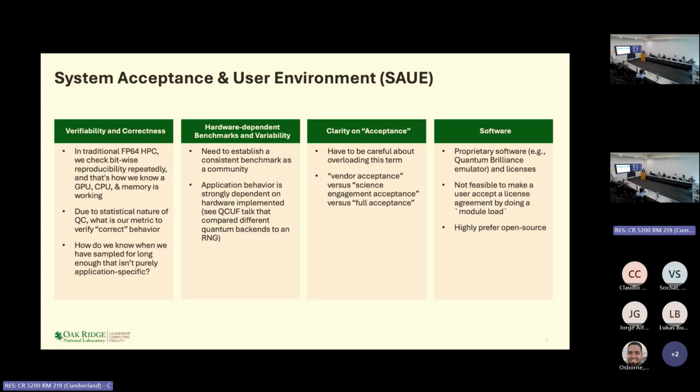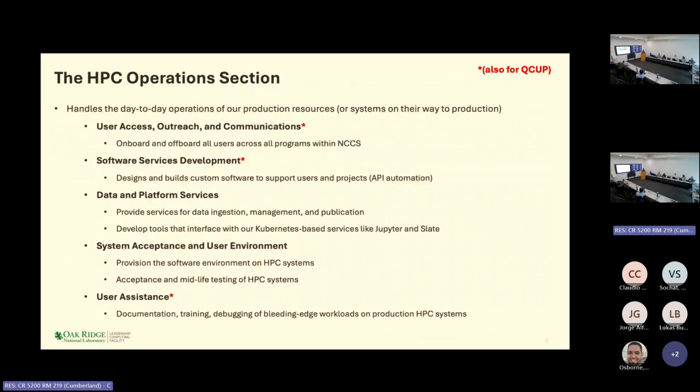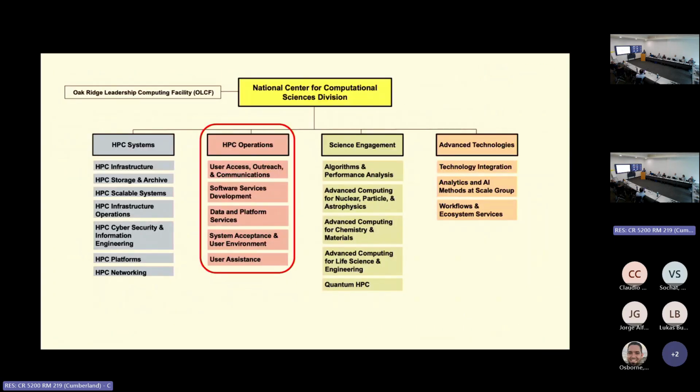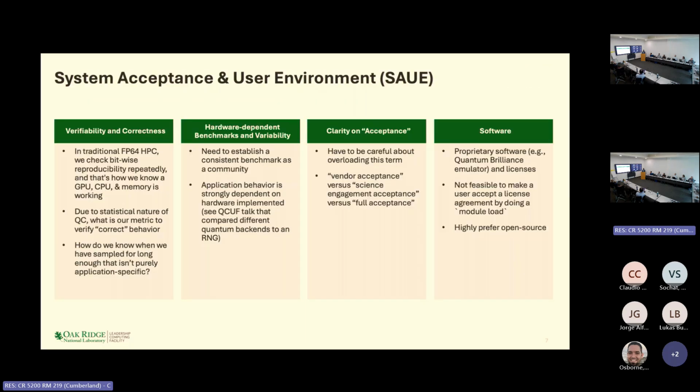And this is something that we have to figure out internally at Oracle too. It's a bit awkward if we go back to the beginning here, where we in operations deal with the day-to-day HPC world, but our QC HPC group is in a completely separate section of the lab, right? We want to make sure, okay, when do we step in? We have to clarify.